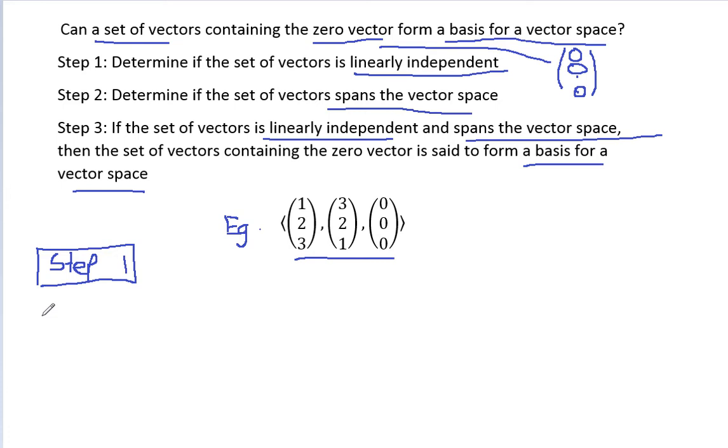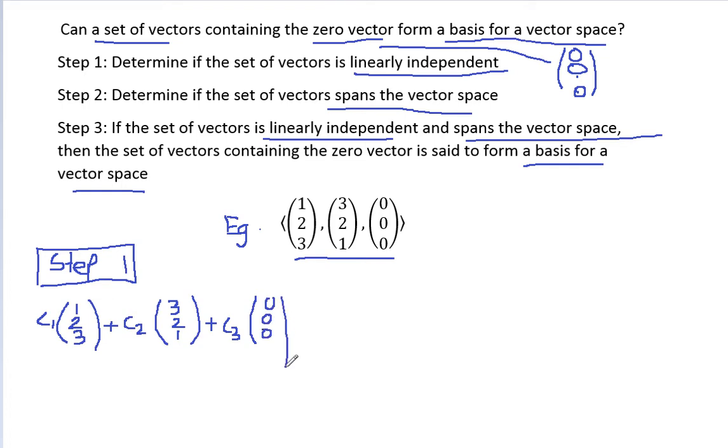Just like in our previous videos on linear independence, we will write C1 times (1, 2, 3) plus C2 times (3, 2, 1) plus C3 times (0, 0, 0) equals the zero vector.